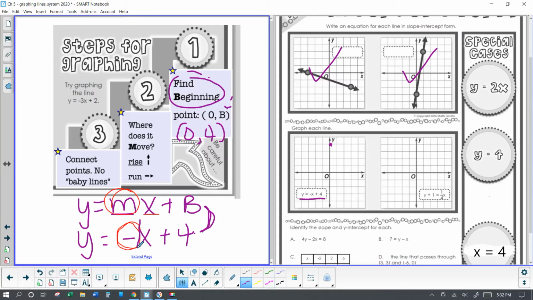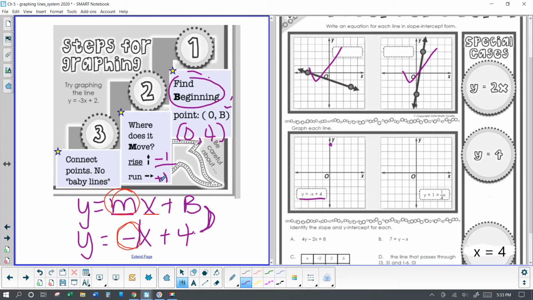And so in this case, my slope, the rise is going to be the -1. And remember, if I have a whole number like this, my run is always going to be 1, and it's always going to be a positive 1. So in this case, I have a rise of -1, a run of +1.